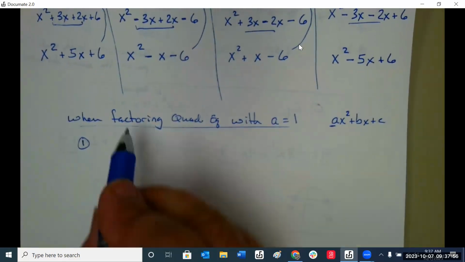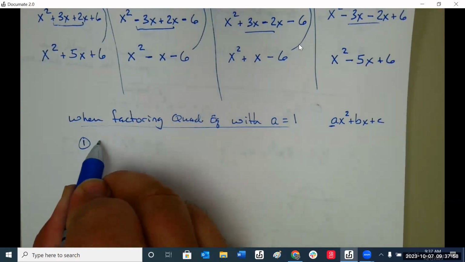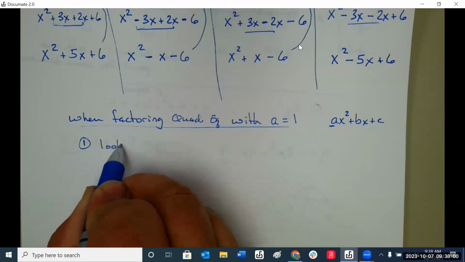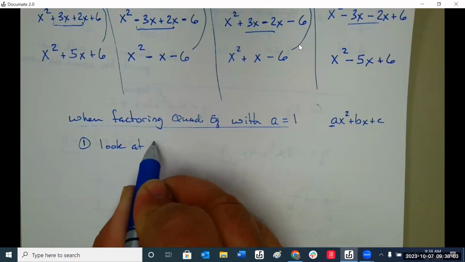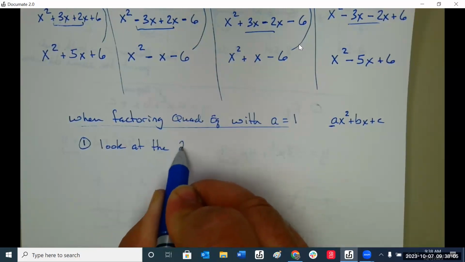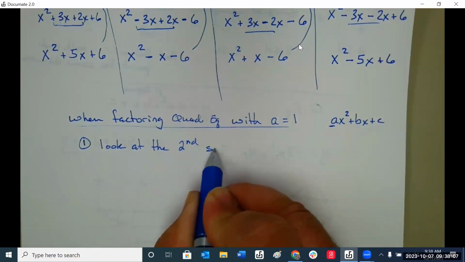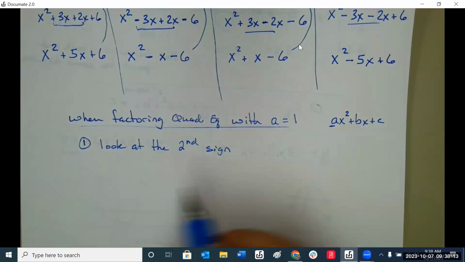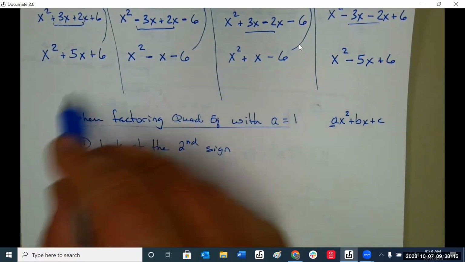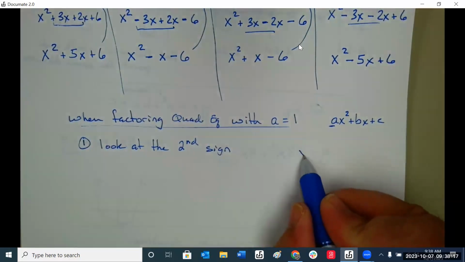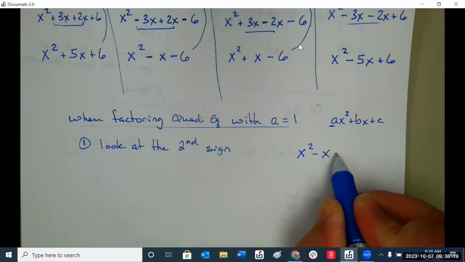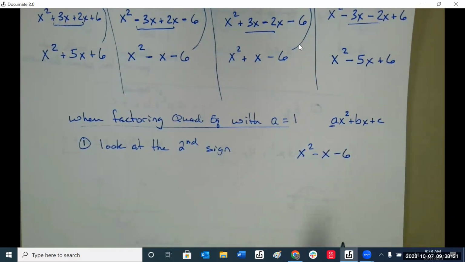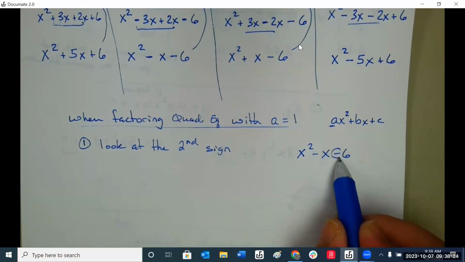So the first thing we do is look at the second sign. I'm going to pick one of these. I'll use x squared minus x minus 6. Look at the second sign.